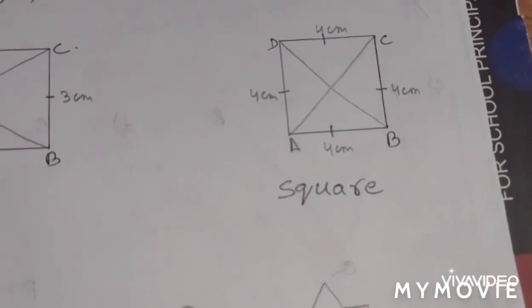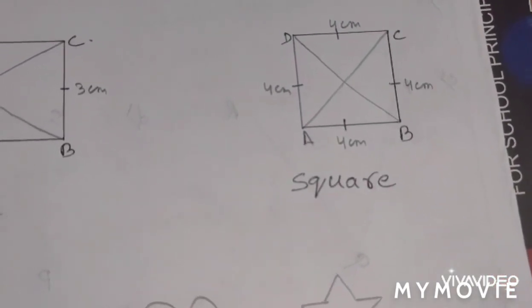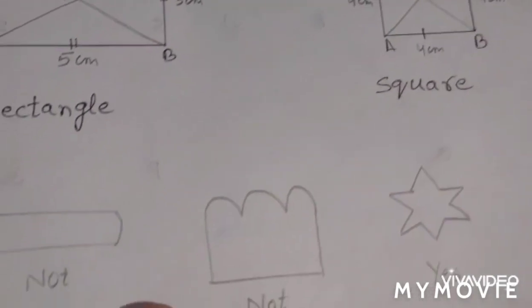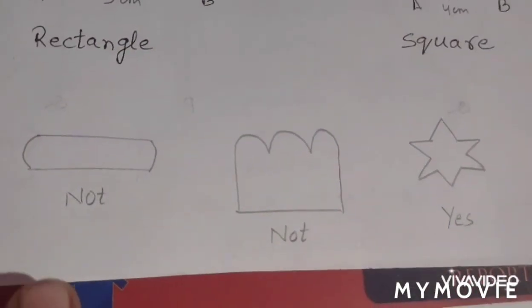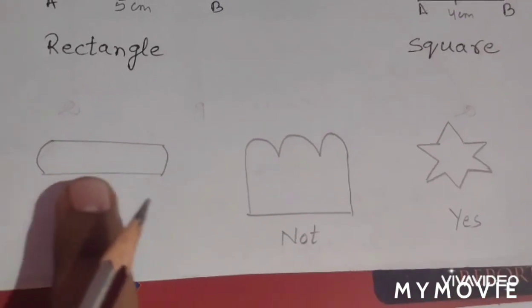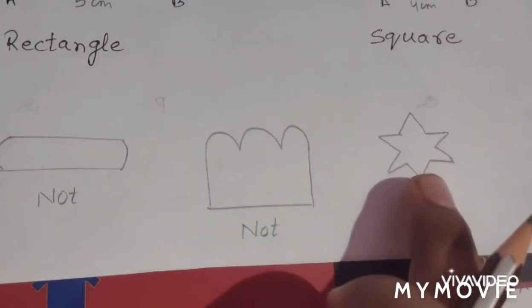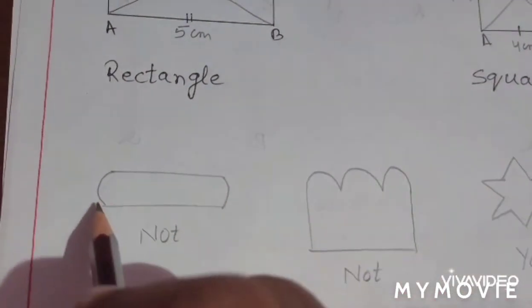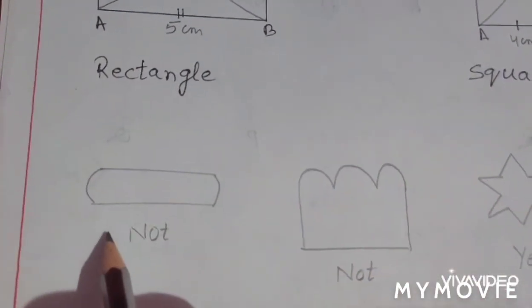Suppose I give you some more examples so that it will be more understandable. Just see, I have drawn three more figures. Just see, this one, and this one. Can we say this is a polygon? Can you say this one? No. Why?